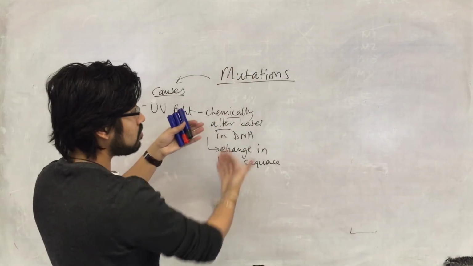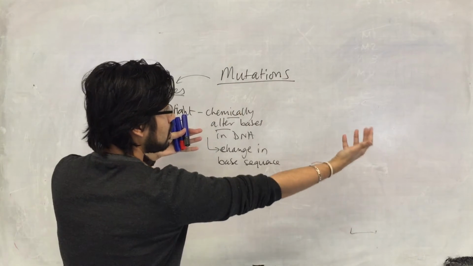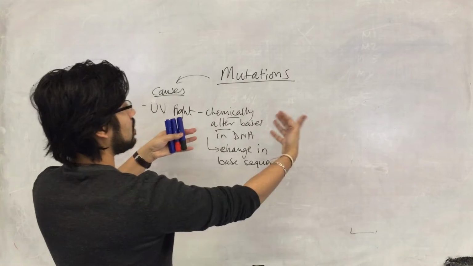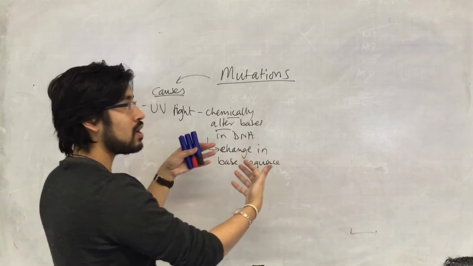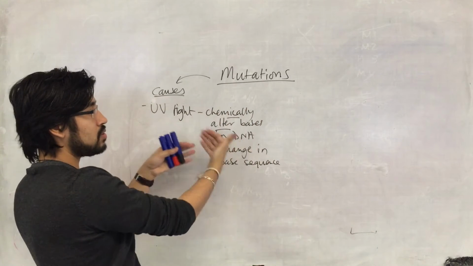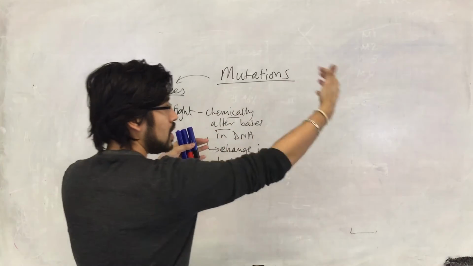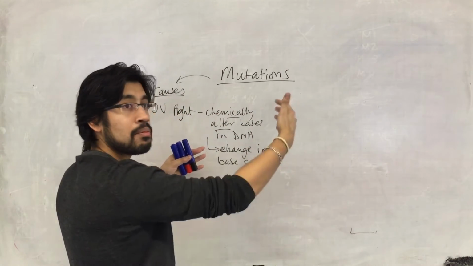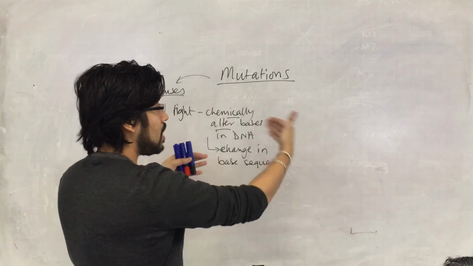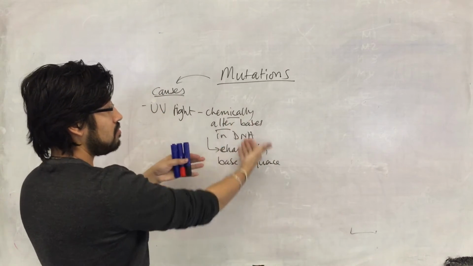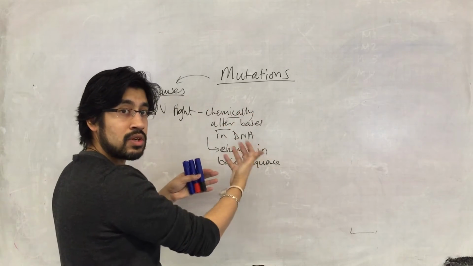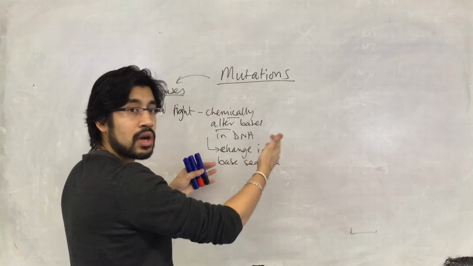Now, during replication, when an adenine nucleotide should be coming in and base pairing, because of that chemical change, it might not be adenine that base pairs. It might be something else that comes in base pairing incorrectly because we've changed the structure of the nitrogenous base that would have normally formed those hydrogen bonds.